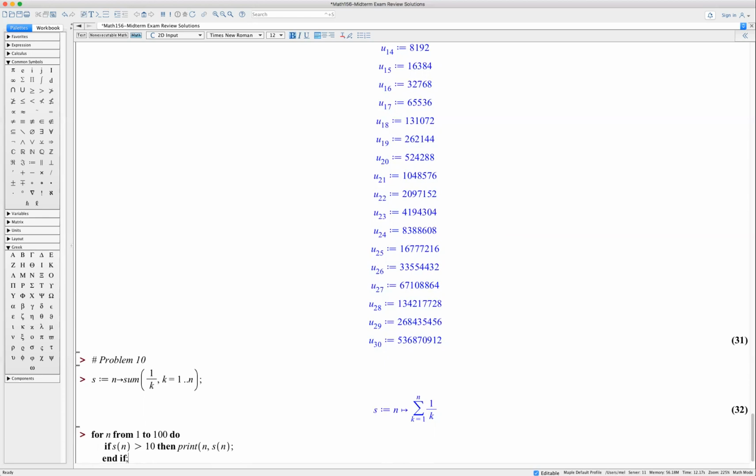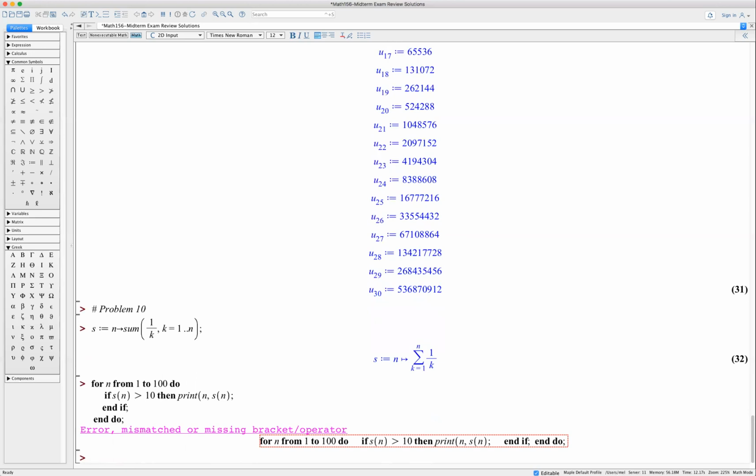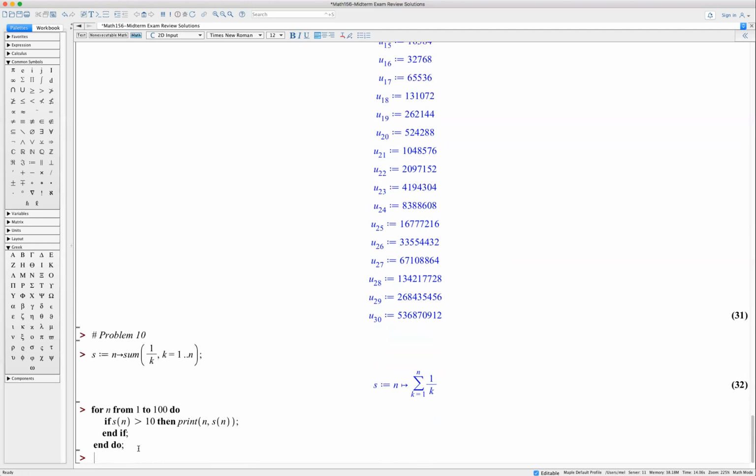Oops, forgot a parenthesis. Nothing came out. That means s of n wasn't greater than 10 yet. Let me go out to 300.